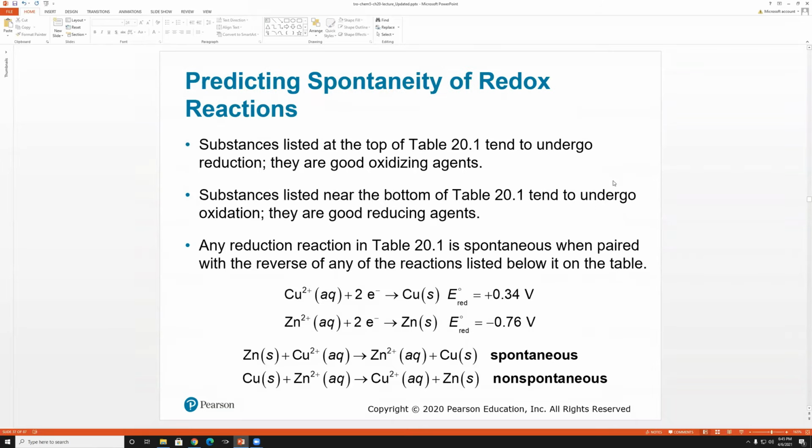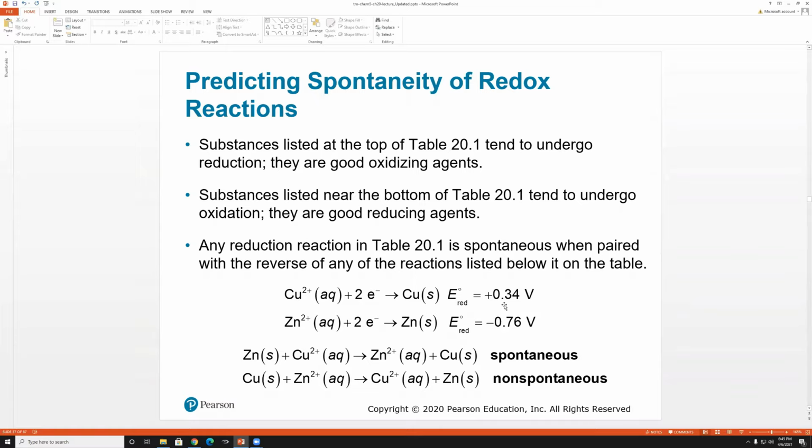So the idea here is that because we're going by this list of the reduction potentials, and we can tell which one's going to be oxidized and which one's going to be reduced by these standard reduction potentials, we can say that it's a spontaneous reaction if it went in the way that we wanted it to go by the chart, meaning the one with the higher reduction potential will be reduced, the one with the lower reduction potential will be oxidized.